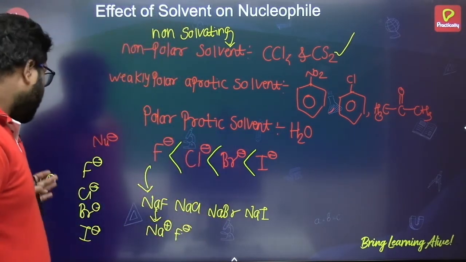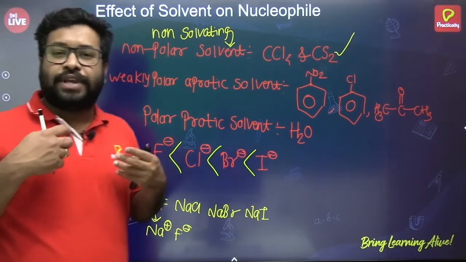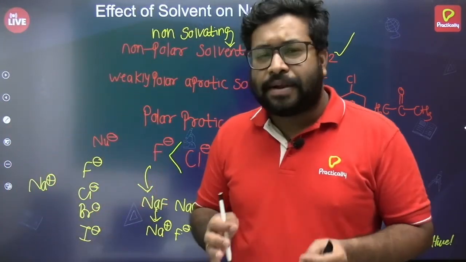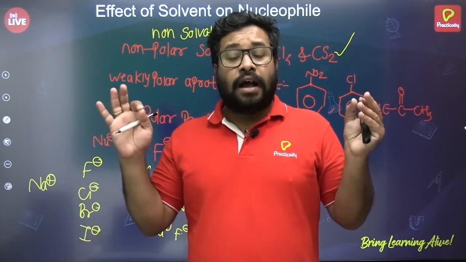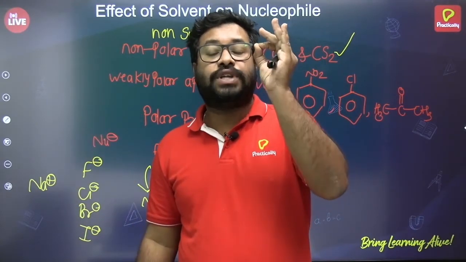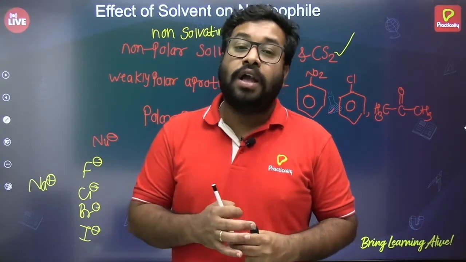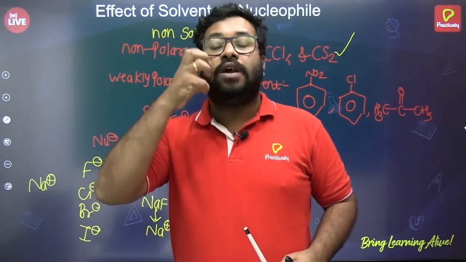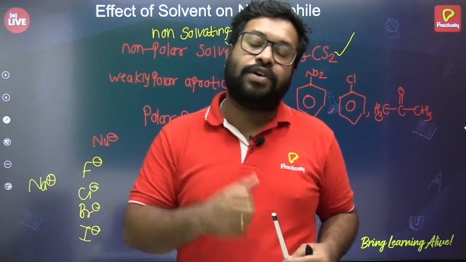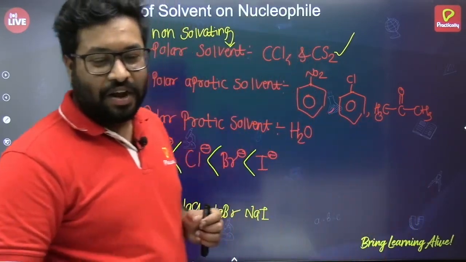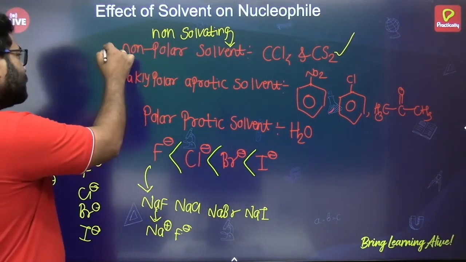And that is why if you take Na plus, or even K plus, Rb plus, any cation for that matter, iodine minus will be least affected by a cation, and therefore it will show the highest intensity. Therefore, it will be the strongest nucleophile. Okay, so this is done.